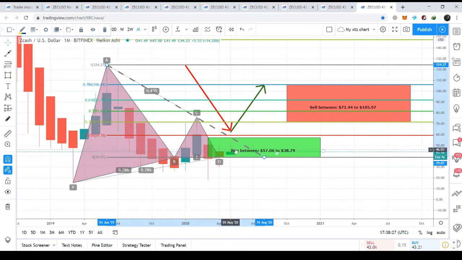So the price line is due to hit this sell zone. Therefore, this move is bigger than the Bitcoin move, 170% plus 170% more. So this is a more powerful move than Bitcoin. So this was the update on the price action of Zcash.